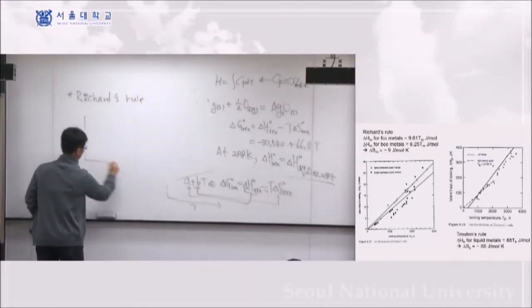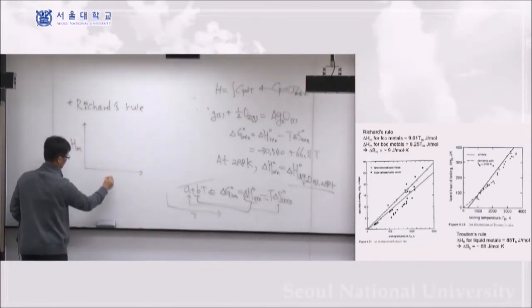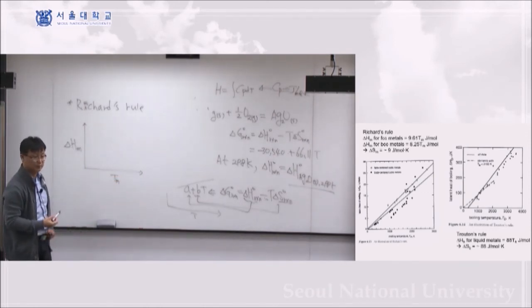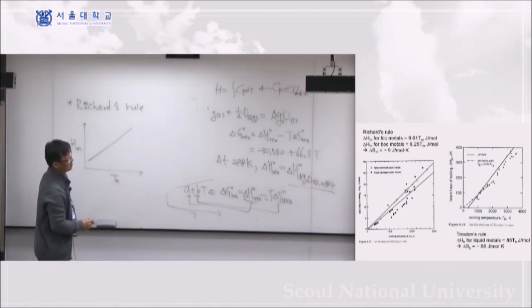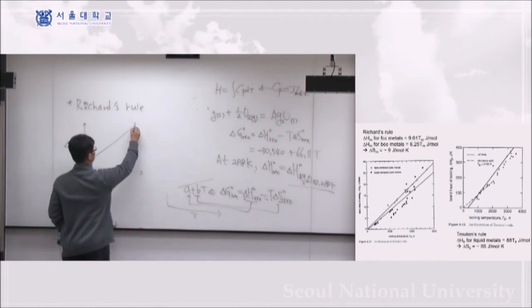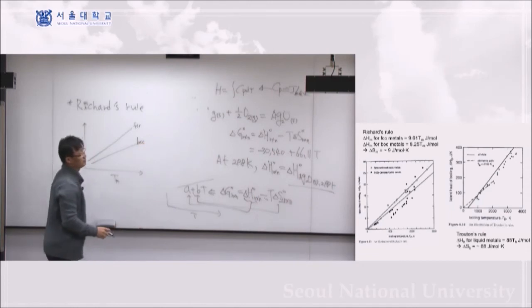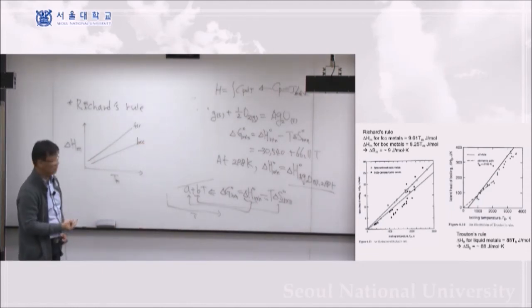So basically what he did is, okay, delta H of the melting with melting temperature of a given material for the metallic species, and he found this one, FCC and the BCC phase. So this is FCC and this is BCC. Okay, and it goes to 0 at 0 Kelvin, more or less.